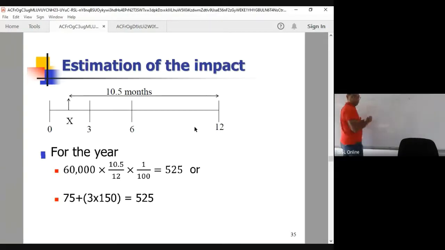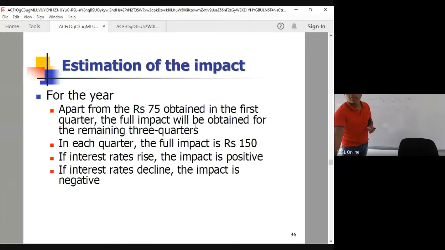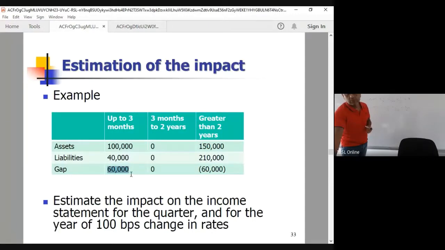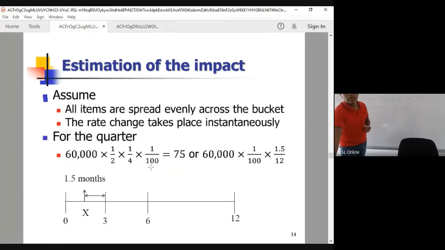You take that into the 10.5 months curve into the 1% change, and you realize for the whole year, if you take it over a 1 year period, that has a 525 impact on your NII for a 100 basis point change. So this is taking the assumption that this 60,000 will continue on for 1 year, and if it continues on for 1 year, the impact is going to be 525.